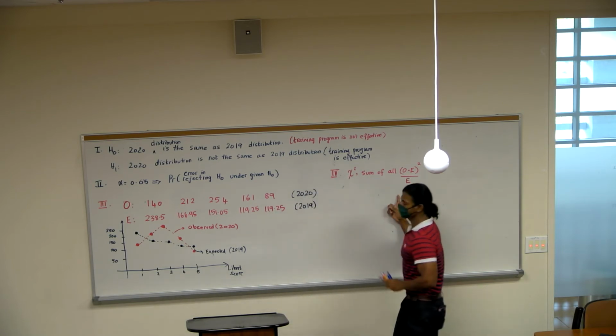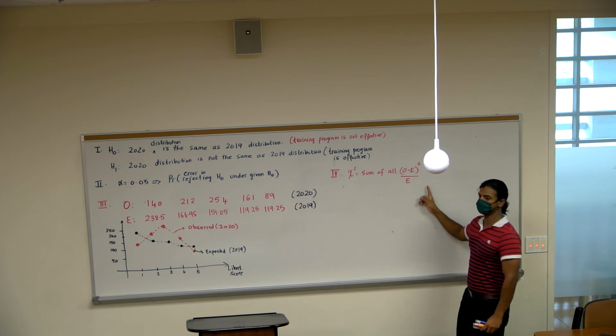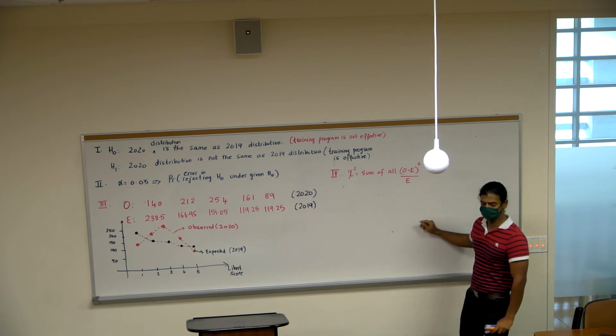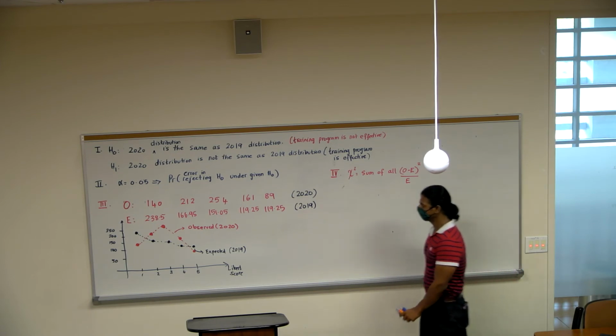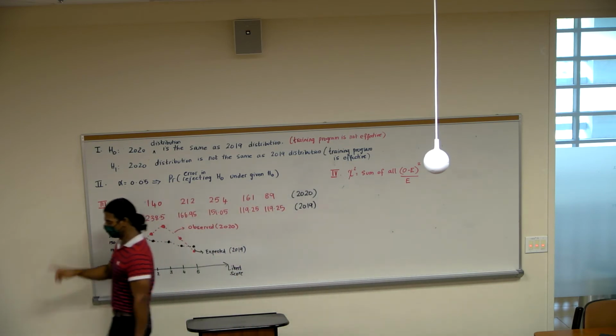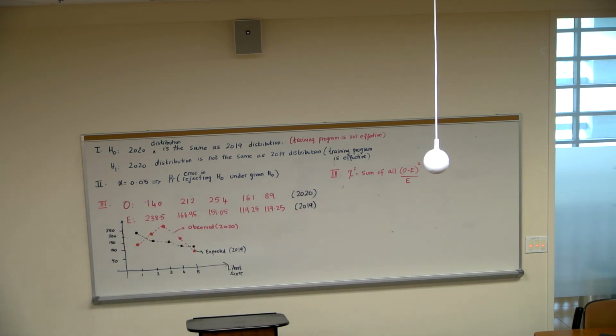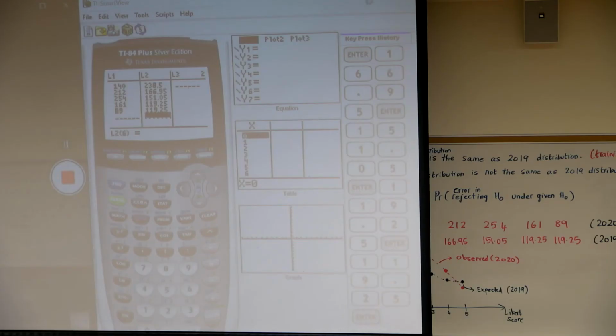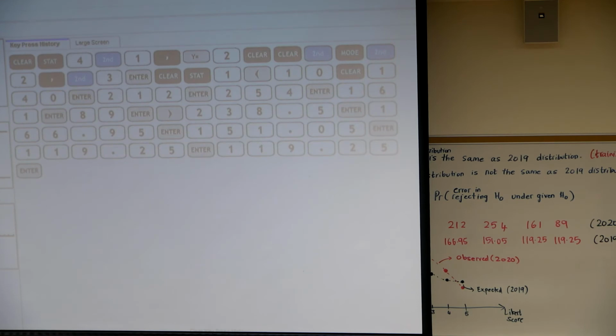I showed you how to find the sum of all O minus E squared divided by E last time. So put all O values in list 1, E values in list 2, and compute the statistic form. We don't want to do the sum manually, it'll take forever, especially if the sample is large.